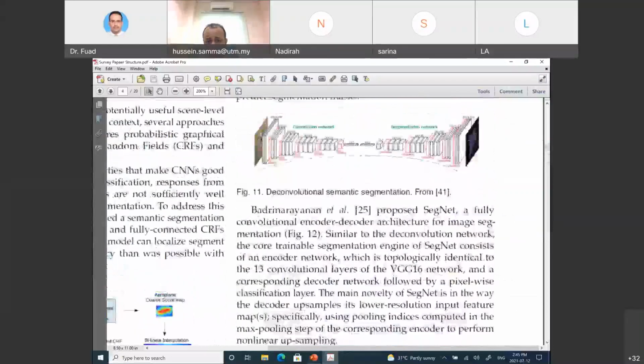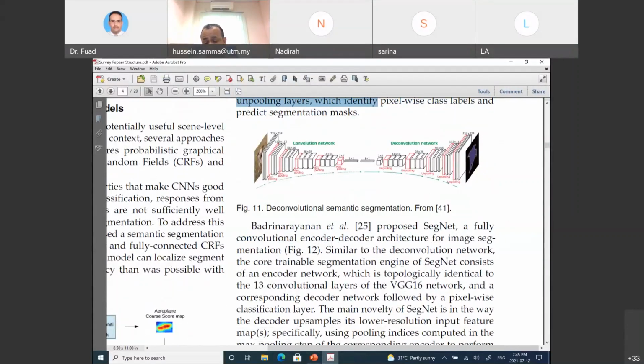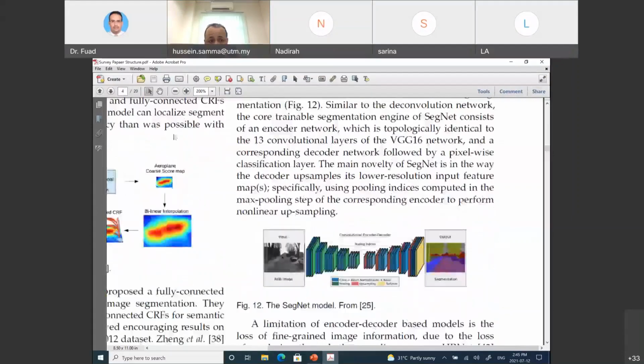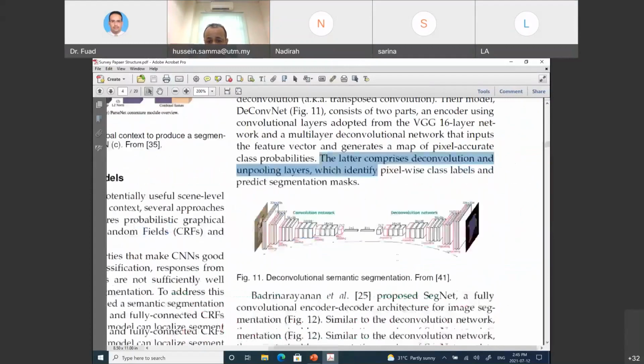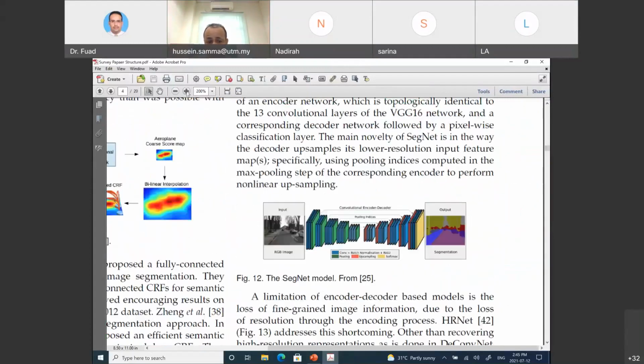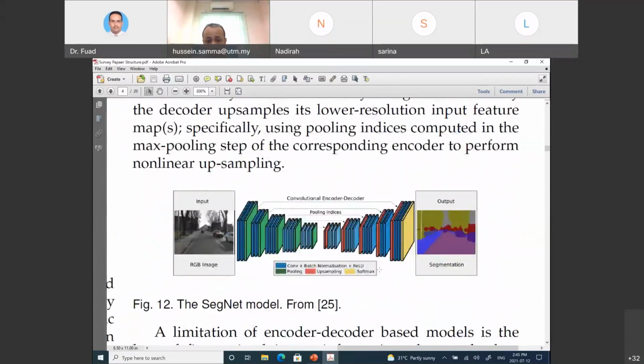You see there is another researcher who came after this study, and he is proposing the same encoder-decoder technique, but if you look at the architecture, it is somehow the same architecture of encoders and decoders.